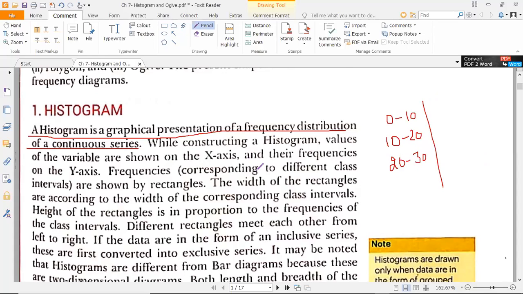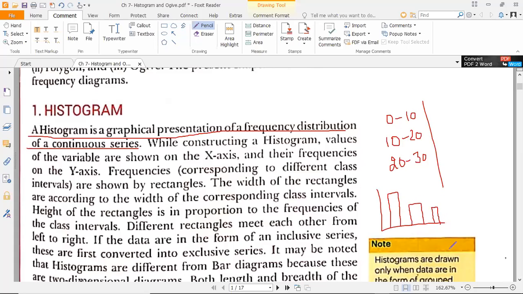Now, how do we make a histogram? This is something similar to bar diagrams, but not exactly same. For example, in bar diagrams, what were you doing? You were just simply drawing x-axis and y-axis, and then against individual values, you were marking their frequencies. For example, for 10, you will be marking, then for 20, you would be marking, then for 30, you would be marking.